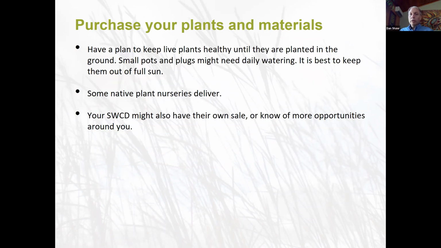With the process of purchasing your plants and materials, it's good to have a plan in place to keep your plants healthy until they're planted in the ground. As we mentioned, they might need daily watering. Some native plant nurseries deliver or else they'll mail plants to you. So that's one thing to check in about with the nurseries that you'll be contacting.